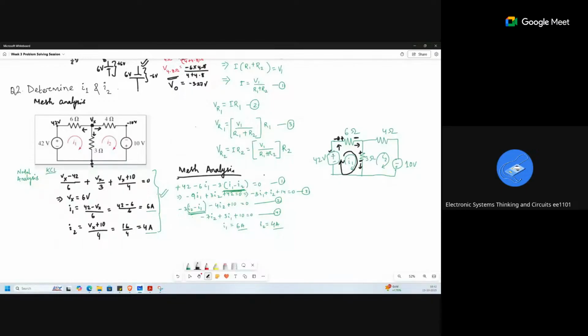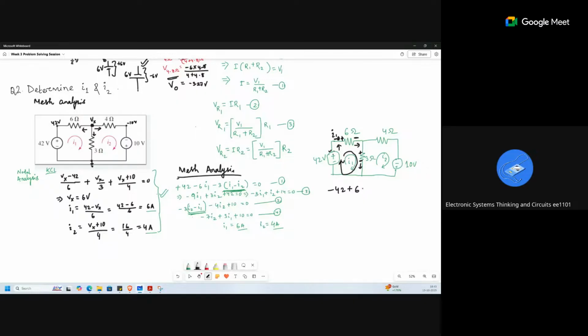If I always consider incoming, as I do in all the questions, then here it is minus 42, then here plus 6. If I say I1 is flowing, this is I1, the loop current, and it flows through the 6 ohm.